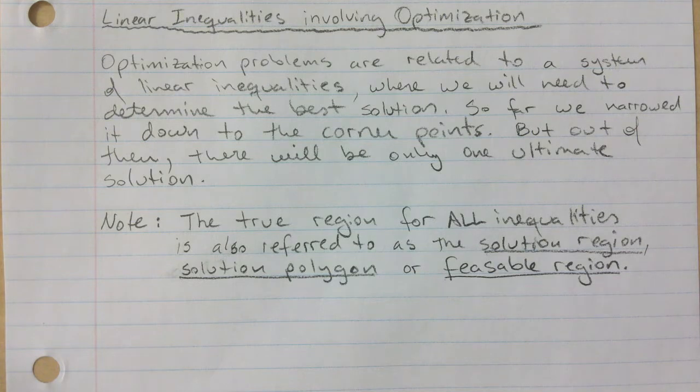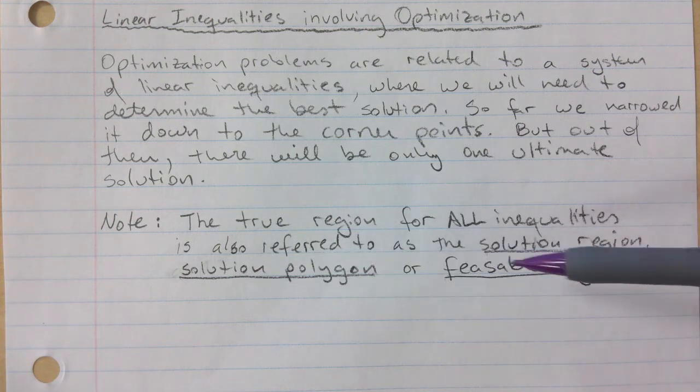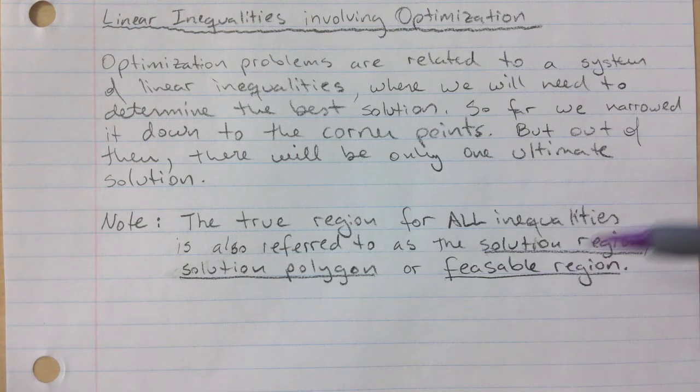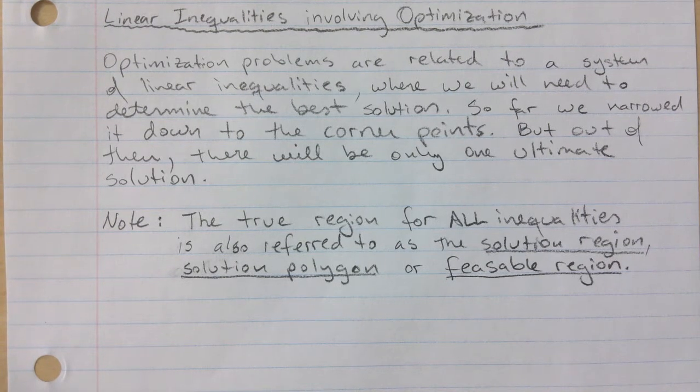The true region for all inequalities, which is really the area that has not been shaded, right? That is left over, that one is called solution region, solution polygon, and also the feasible. It's feasible to get a solution out of that region, okay?